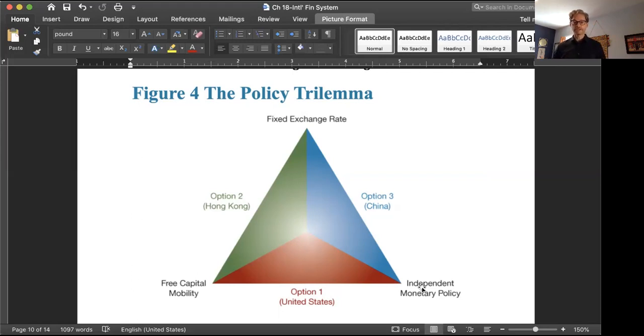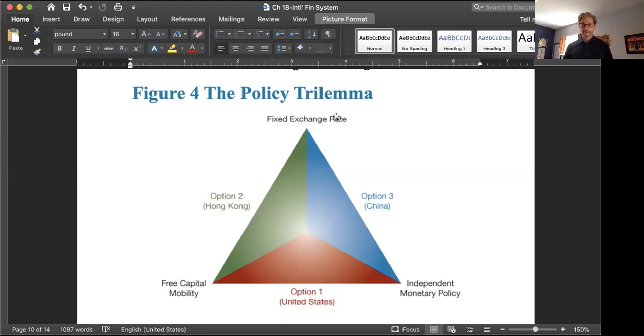So the US essentially has picked the bottom side of this triangle. What about a country like, your book chooses Hong Kong, but maybe we could think about a country like South Korea, right? Well, for these countries, they have picked the fixed exchange rate system, right? They have said, listen, we want capital mobility because we want to attract capital, but we also want to have a fixed exchange rate.